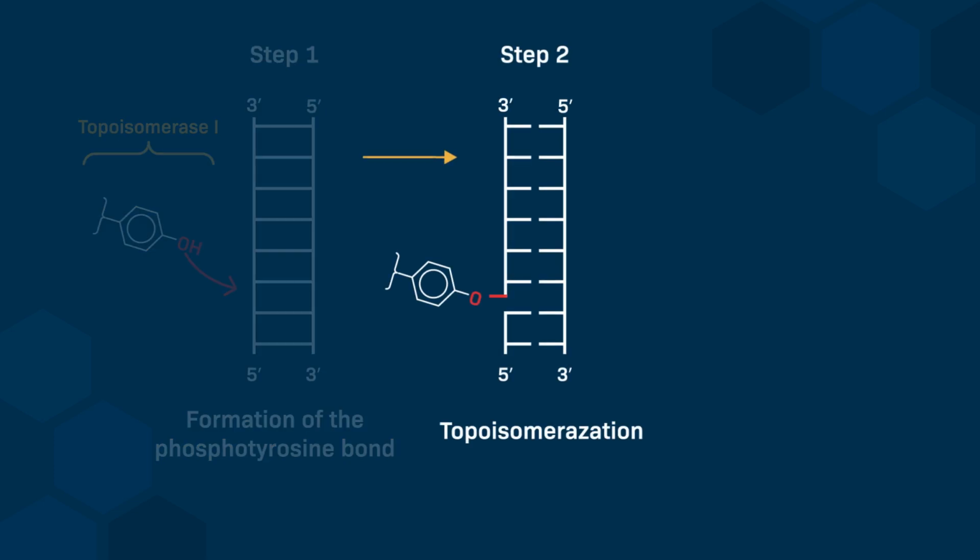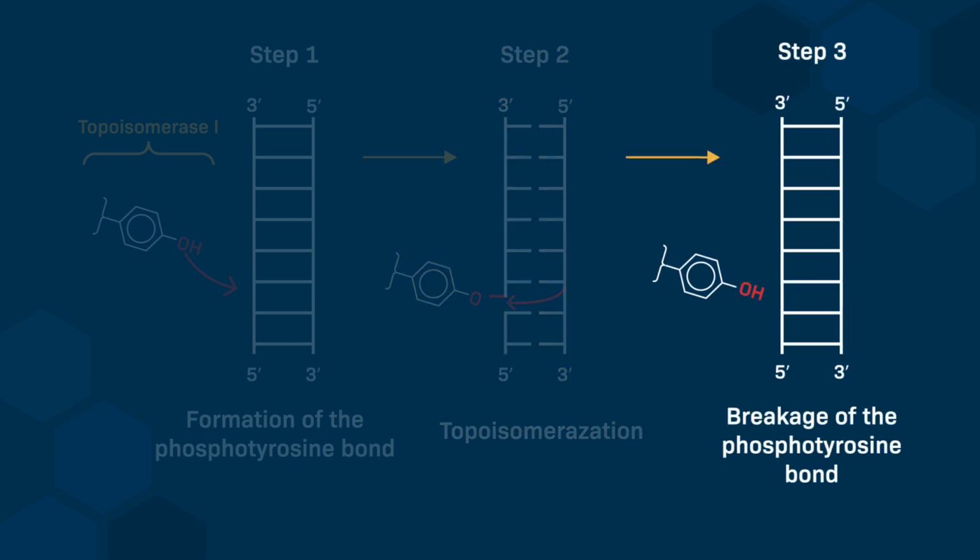A transient phosphotyrosine bond is formed, and once this strand is cleaved, the other strand can pass through the gap that the broken strand created, which alters the twist number. Finally, at the end of the process, the phosphotyrosine bond is cleaved. Simultaneously, the phosphodiester linkage is restored in the broken strand. At this point, the topoisomerase action is complete.